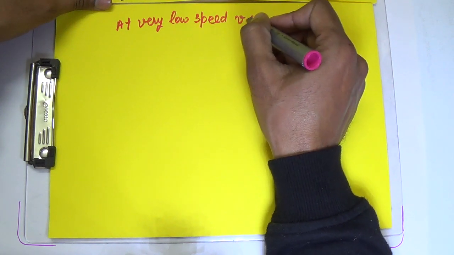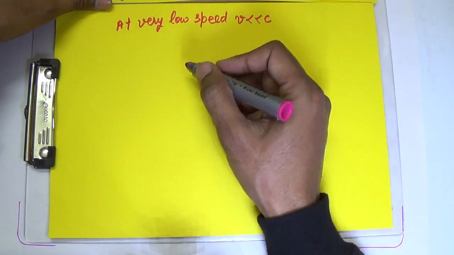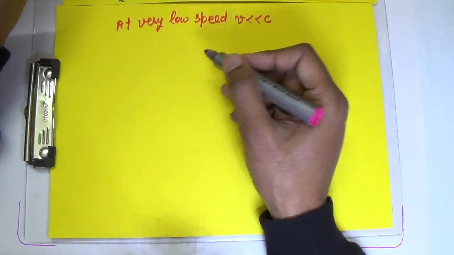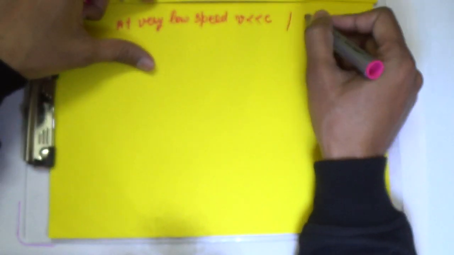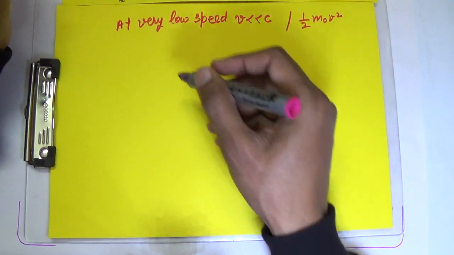When v is very small as compared to c, then the relativistic expression for the kinetic energy reduces to the classical kinetic energy, that is 1 by 2 m naught v square. So how to find out this result?